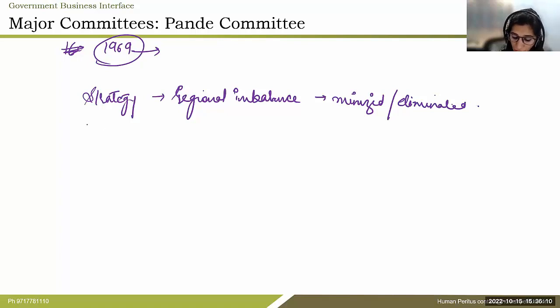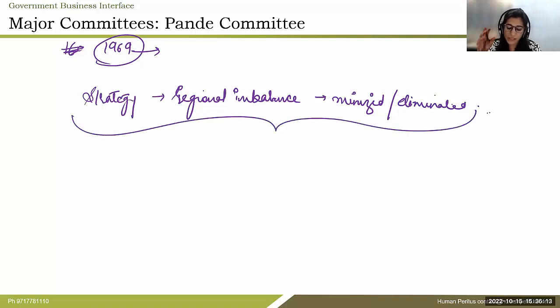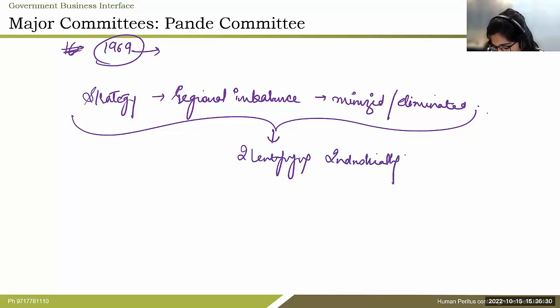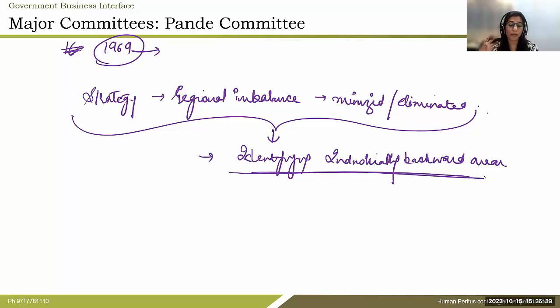The committee said that regional imbalances must be minimized through identifying industrially backward areas. By identifying the industrially backward areas, it could minimize the regional imbalances.